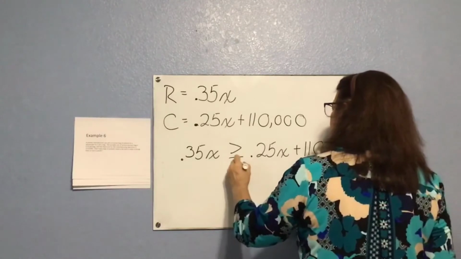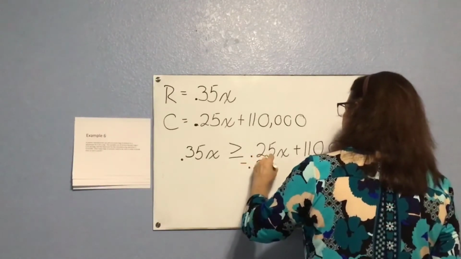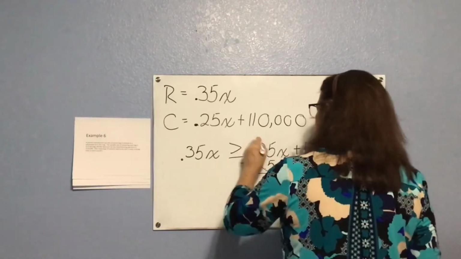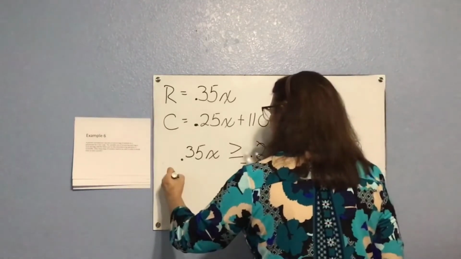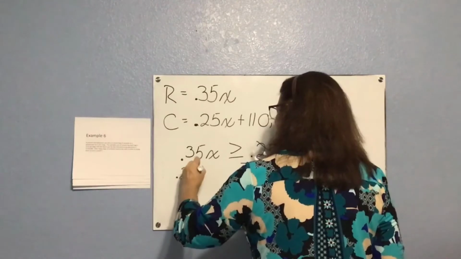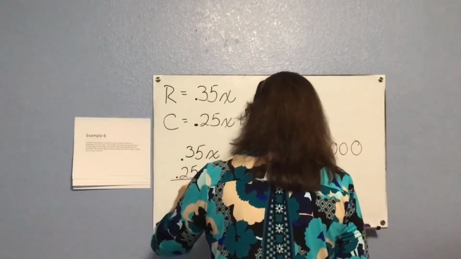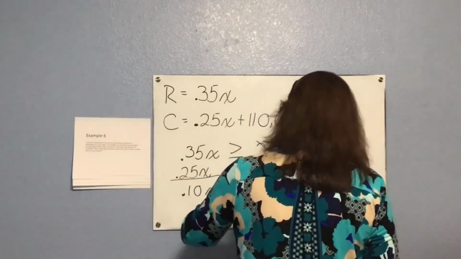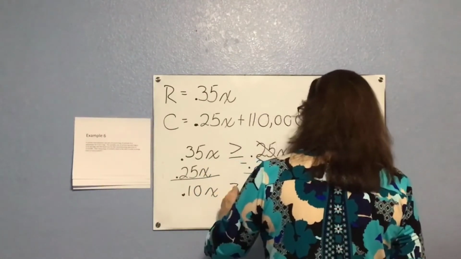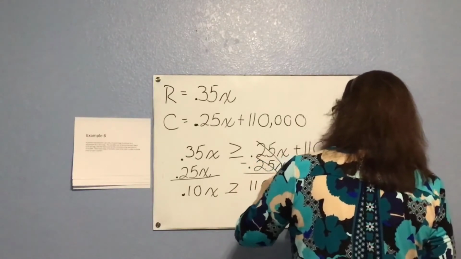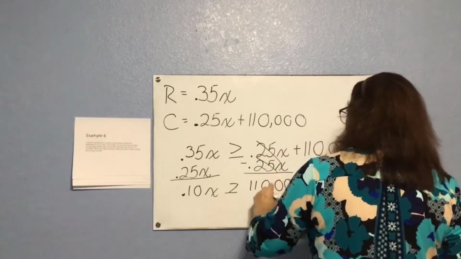Okay, I'm going to subtract the 0.25x. So that goes away. Over here I get 0.10x must be greater than or equal to 110,000.